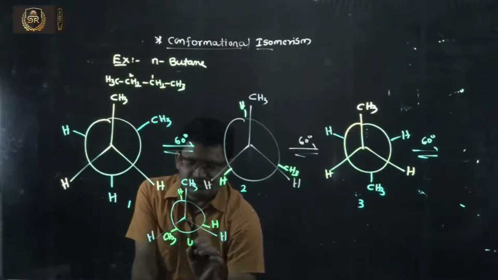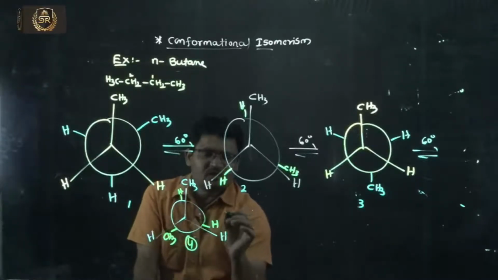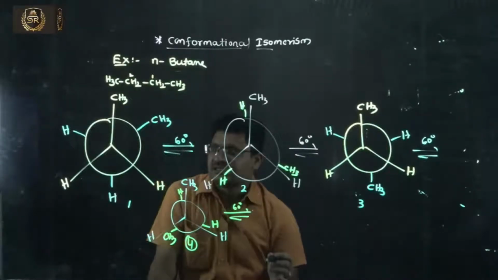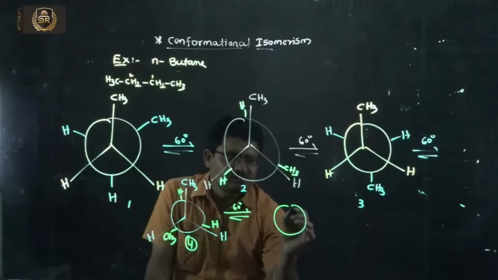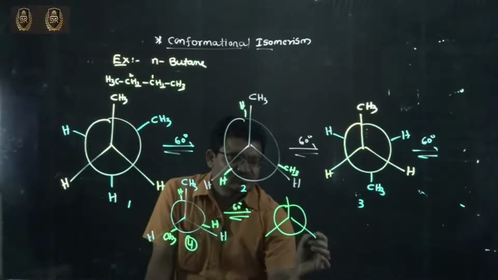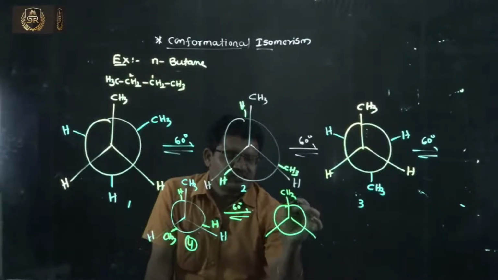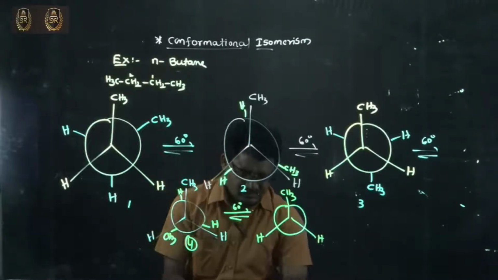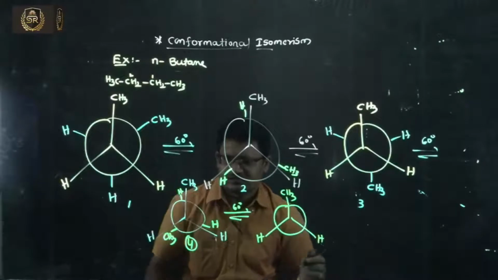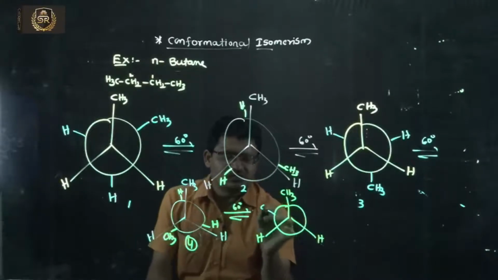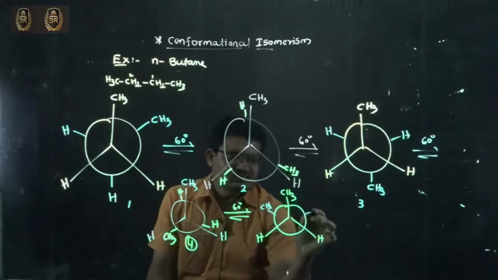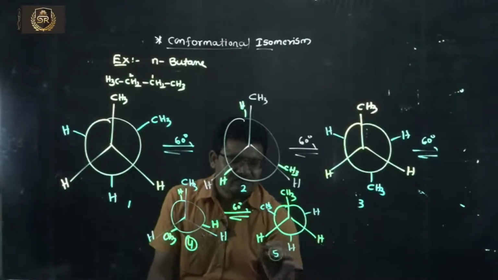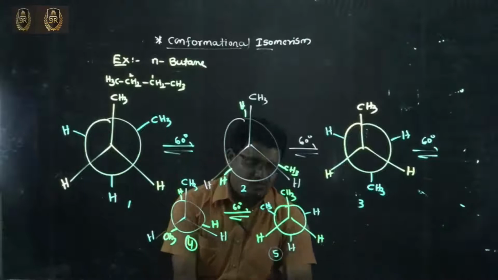This is the fourth structure. Coming to the fifth, rotating 60 degrees gives a structure like this. The first carbon has no change. On the other carbon, CH3 comes to this side, and hydrogen on the other sides. This is the fifth one.